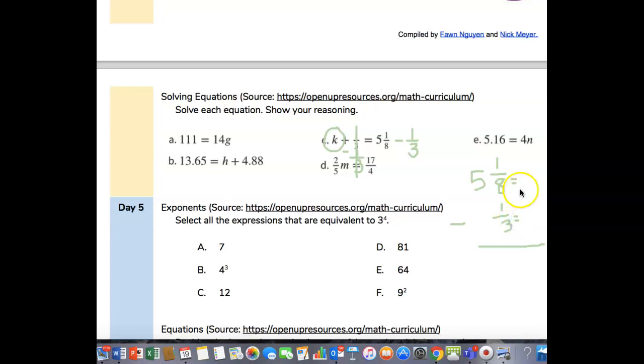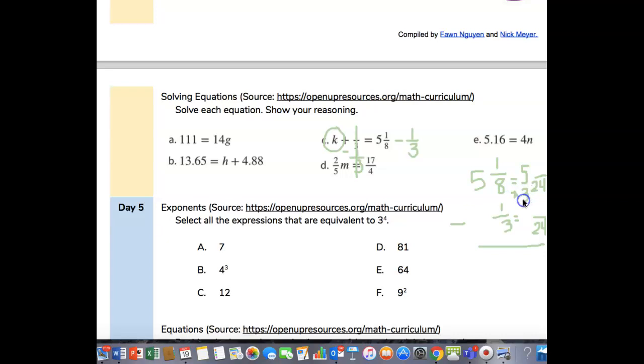Look at your multiplication chart and go across and see what number both 3 and 8 can go into. I hope you see that it's 24. I should have left more room. All right, so now let's do this. 8 times what is 24? 8 times 3.